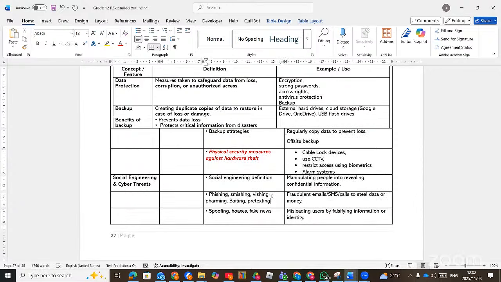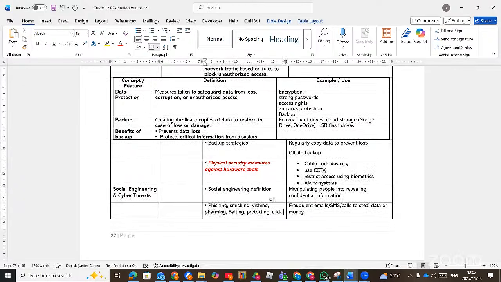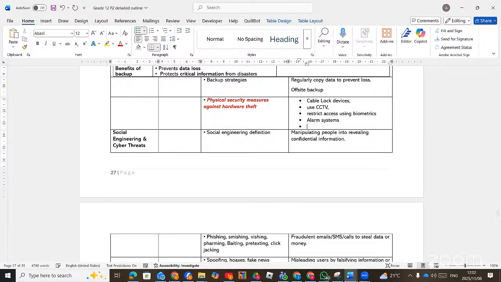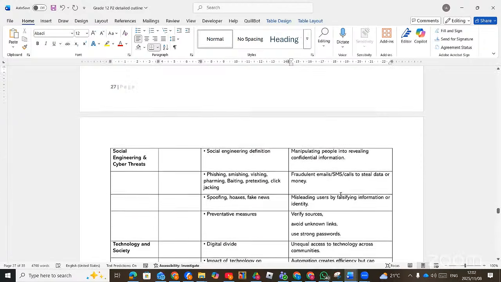You must know them. Fraudulent emails, when you use email, clickjacking, spoofing. There are so many of them that they can ask you to define one of them.